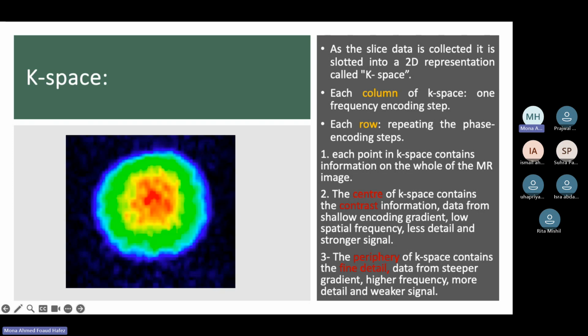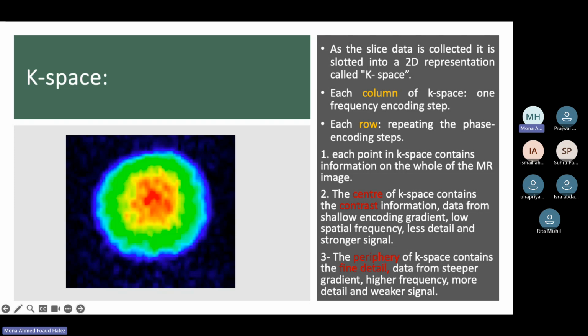It has the data from a steeper gradient with a sharper angle, higher frequency, and more detail but weak signal. So all raw data is stored in the K-space. The center has the long wavelengths, and the K-space periphery has the shorter wavelengths, so it provides the fine details.